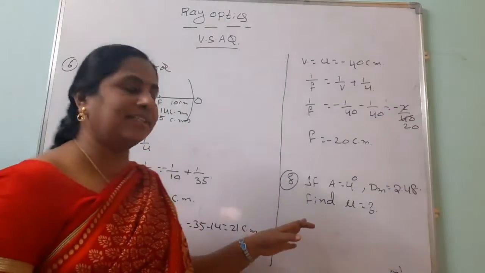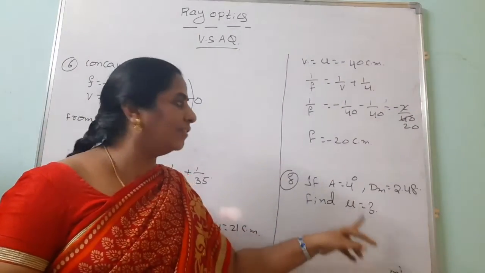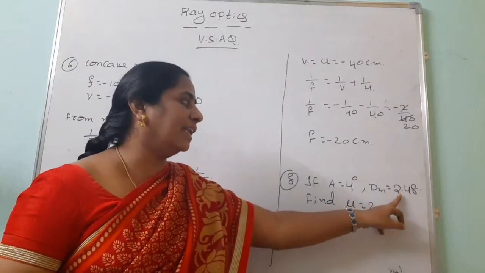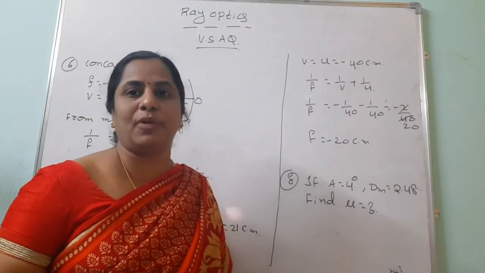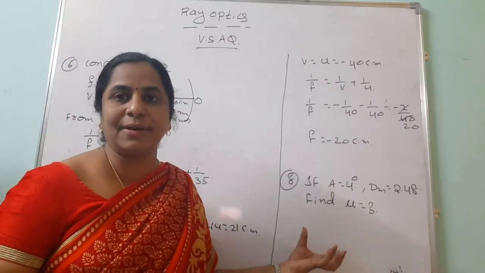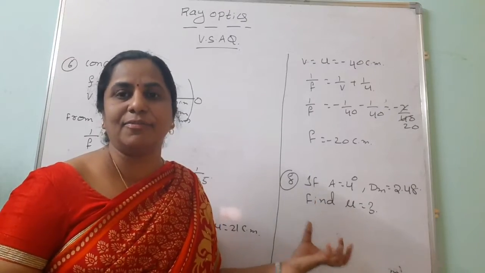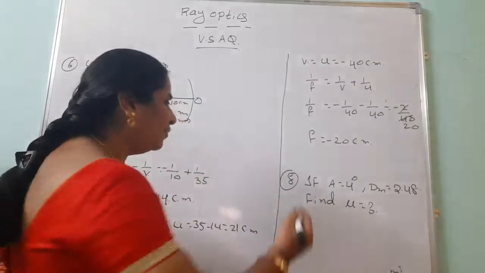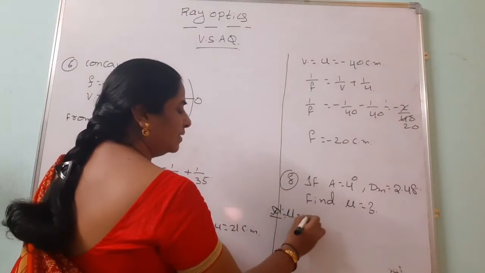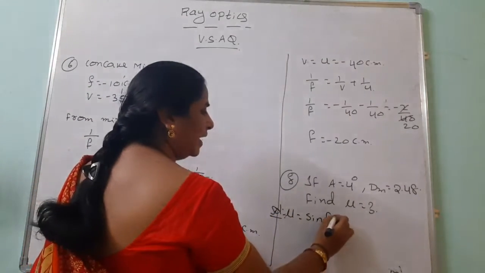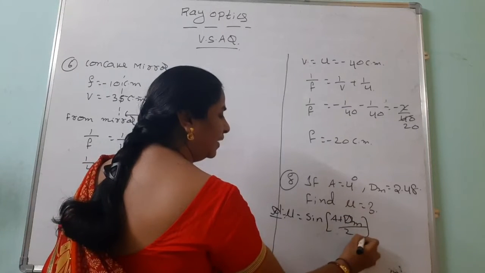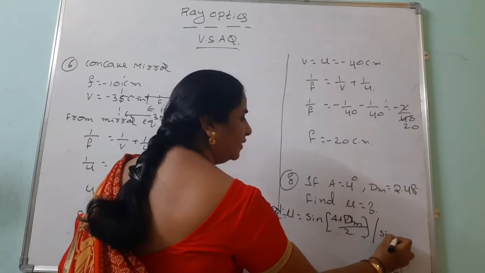Then the 8th question: the angle of the prism is 4 degrees, and the angle of minimum deviation is 2.48 degrees. Find the refractive index. Here the angle of the prism is very small. Generally the formula for refractive index is mu equals sine of (A plus delta m) by 2 divided by sine of A by 2.